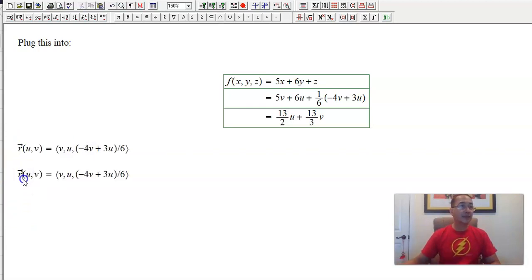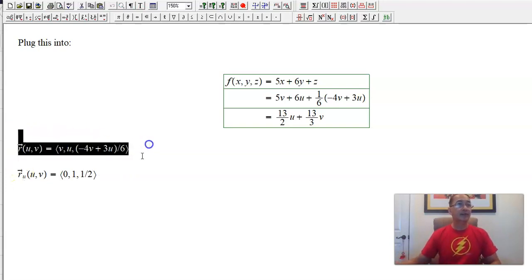Okay, so R sub u: v disappears, u becomes 1, and we get 3 over 6, also known as 1/2. Okay, that is our R sub u.